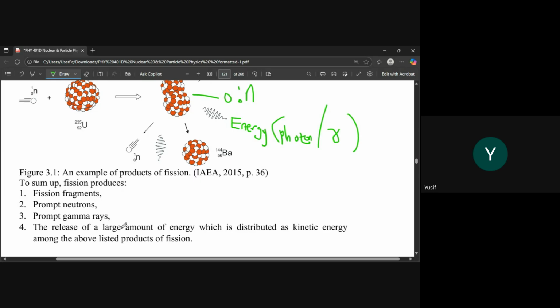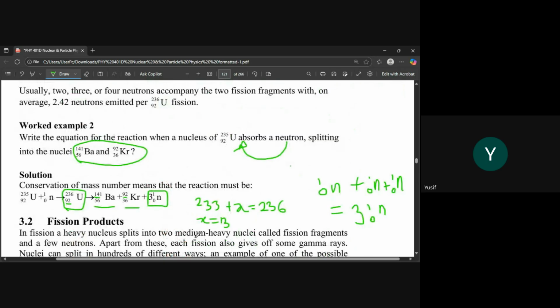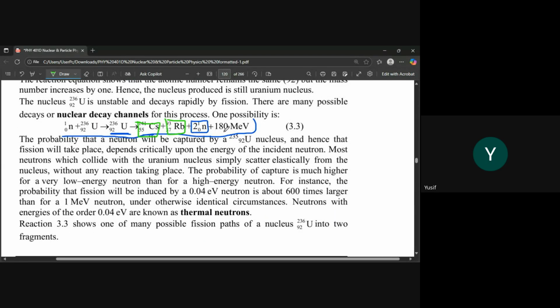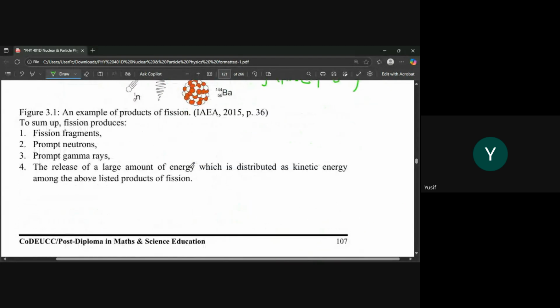And we also have some kinetic energy that is being produced, and that is what in some cases they write the value for. So those are the products of a fission reaction. I hope you are good.